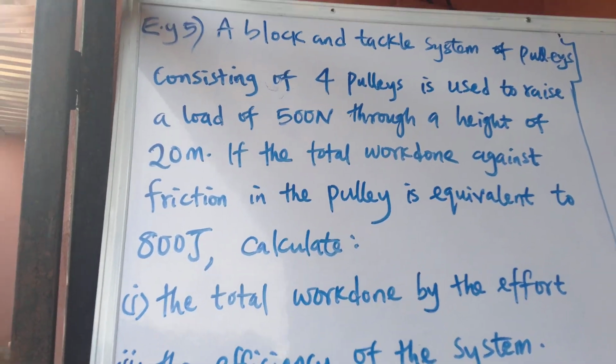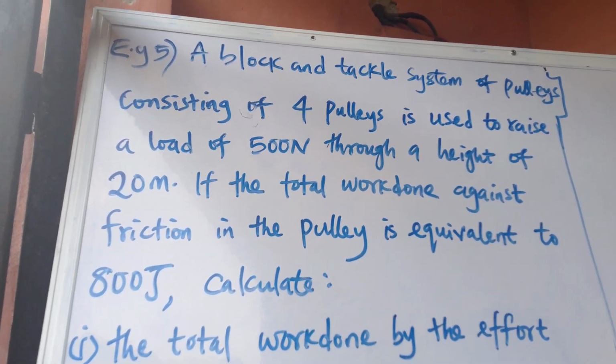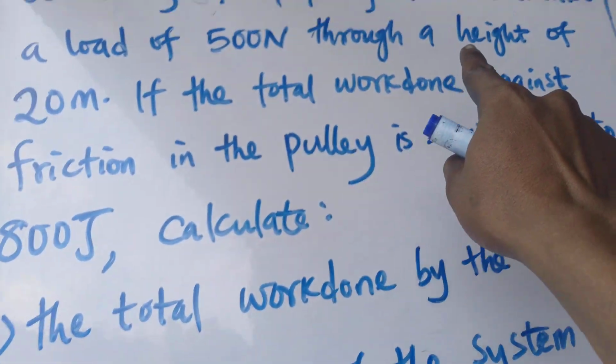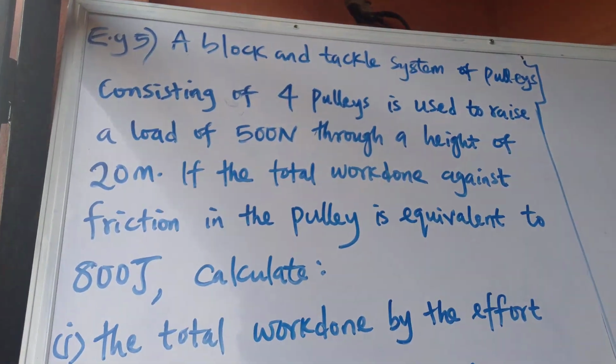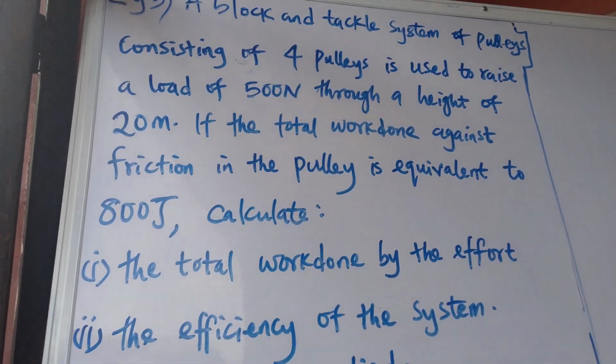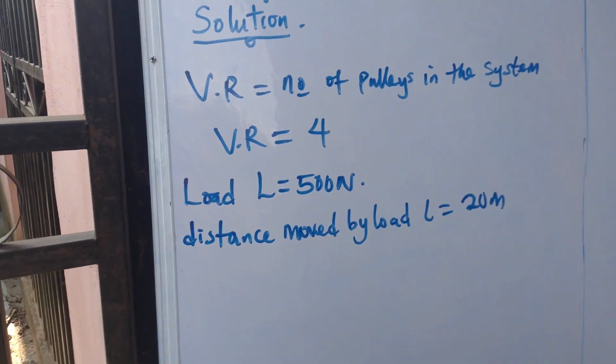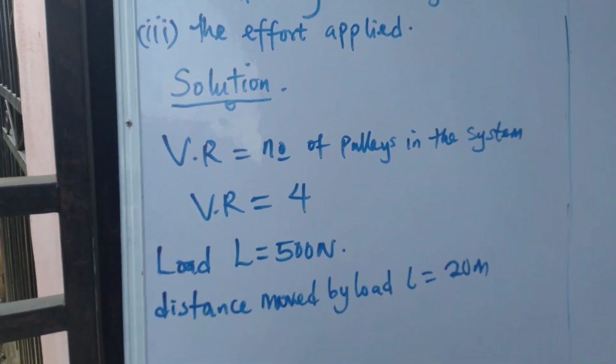You see, it's a load of 500 Newton raised through a height of 20 meters. Now that vertical distance moved, or the vertical displacement of 20 meters, is the distance moved by the load. Alright? Okay, then it continues.